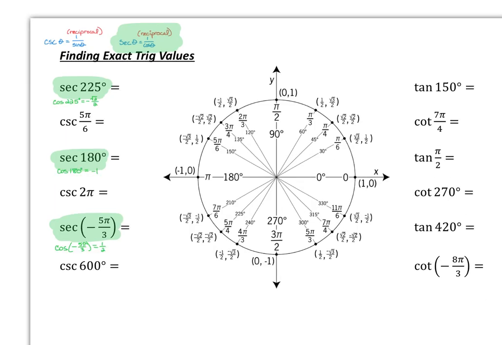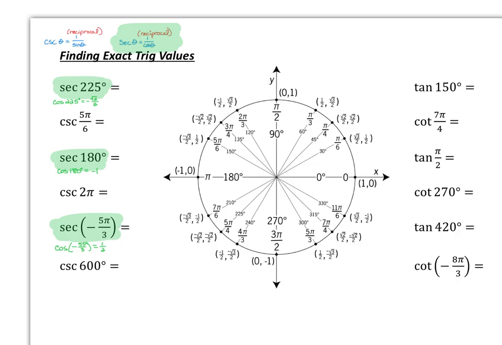So I use the method I used on the previous page. I'm not going to walk you through that again, but cosine of 225 is negative radical 2 over 2. Cosine of 180 is negative 1. And cosine of negative 5 pi over 3 is positive 1/2. And I'm going to take each of those fractions and I'm going to flip them. Let's actually come back to secant of 225 after I've done the other two.